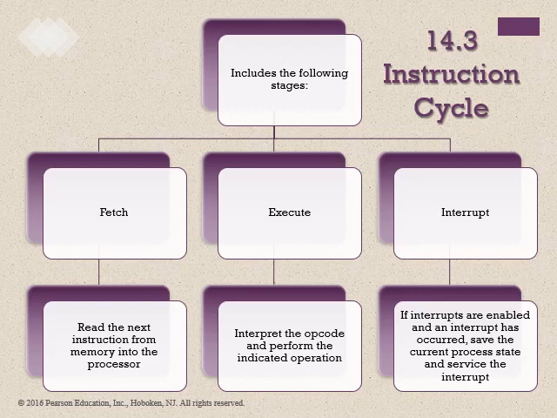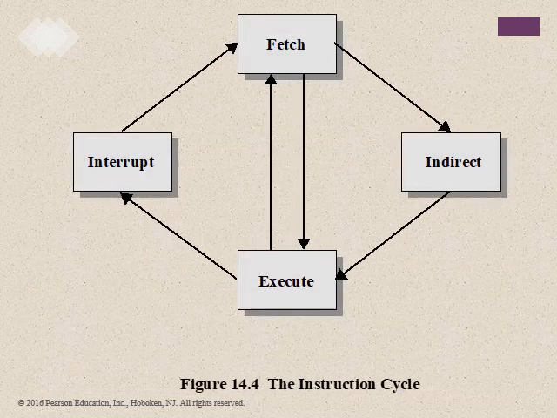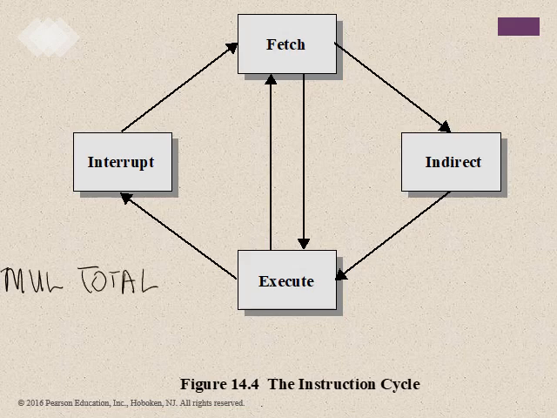First, we must introduce one additional stage known as indirect cycle, which I will explain further in the next slide. Students know that the execution of an instruction may involve one or more operands in memory, each of which requires a memory address. For example, we can have instruction mul total.